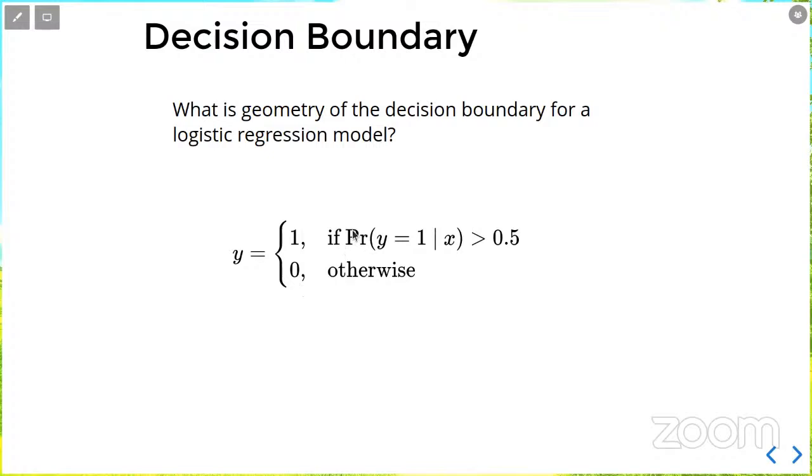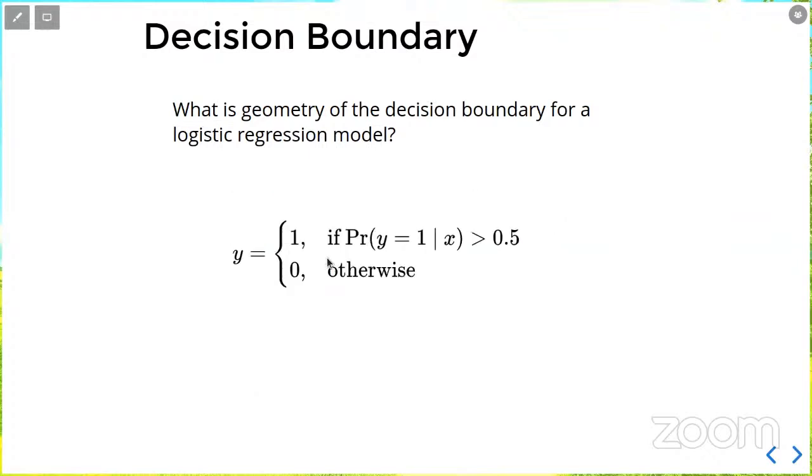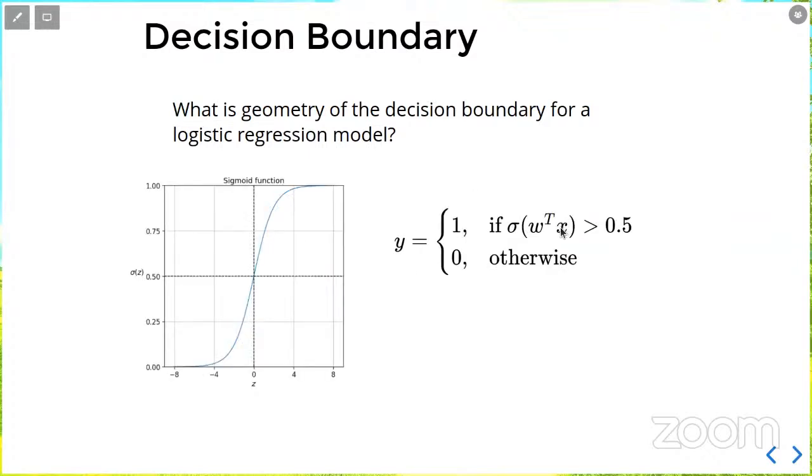Now, when is this greater than 0.5? This is greater than 0.5 when the sigmoid value is greater than 0.5, because the probability is the sigmoid. If you look at the graph to the right, whenever the z value, whatever is inside the bracket, is greater than 0, the function will be greater than 0.5.